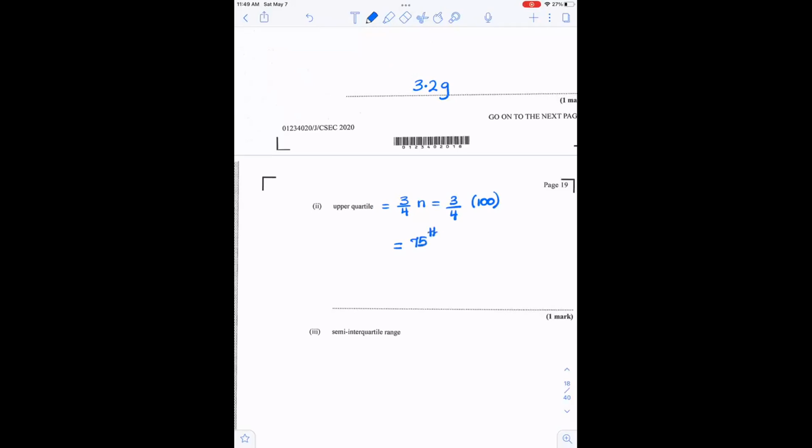So don't write 75 and leave it just so. It is the 75th value. Anybody could write 75, but the student who knows what they are doing will go back to the graph and read off the 75th value.